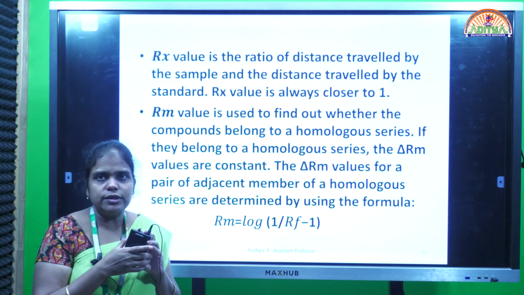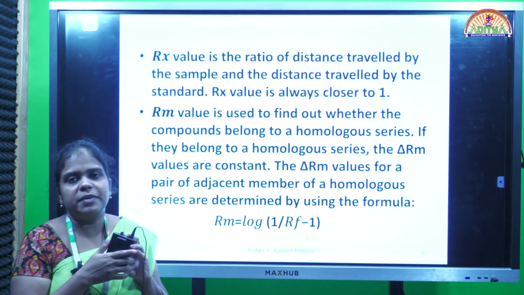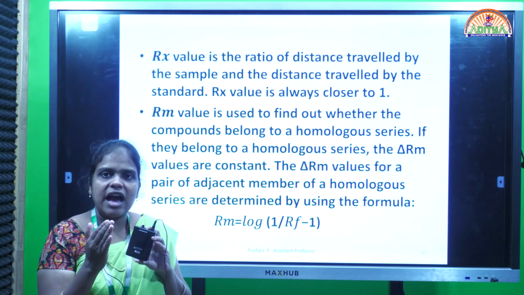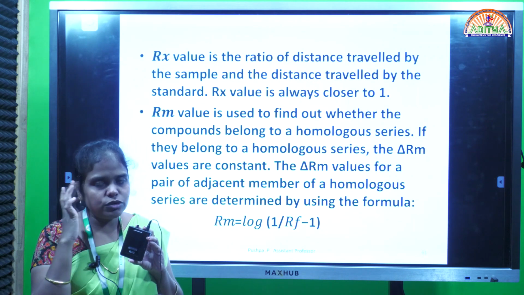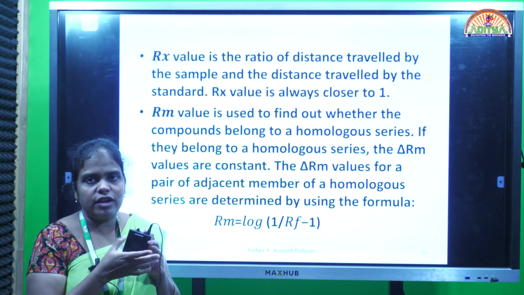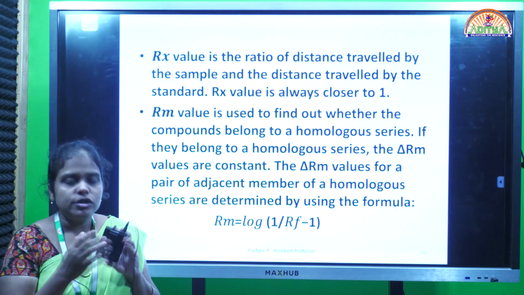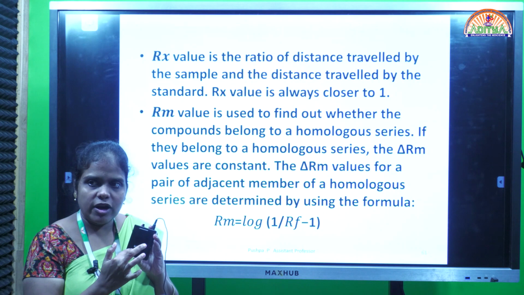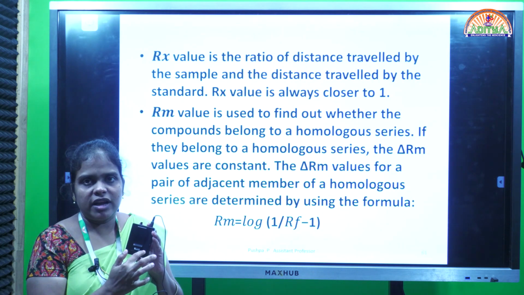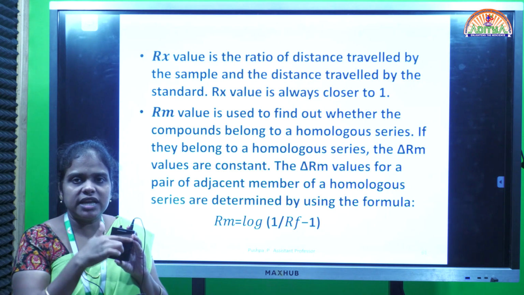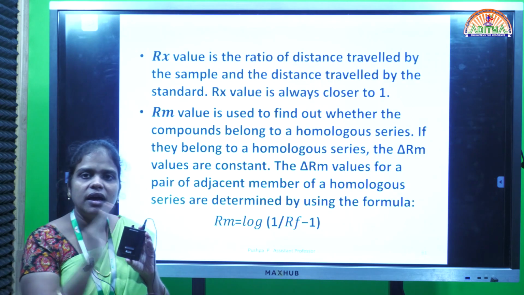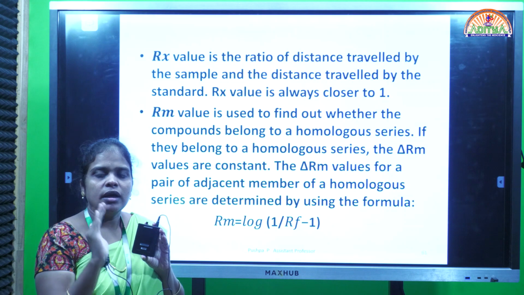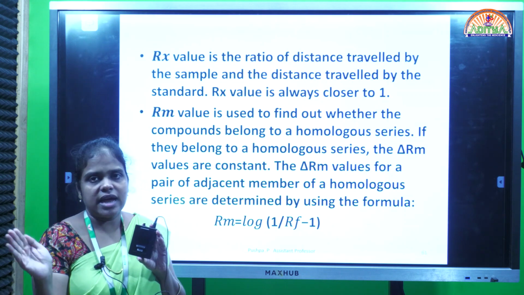When you look through the compendia, that means USP, BP, IP, you will have a constant Rf value for that standard. So we spot the sample and the standard, see how much elution takes place for each, and compare the distance traveled by the sample with the standard.